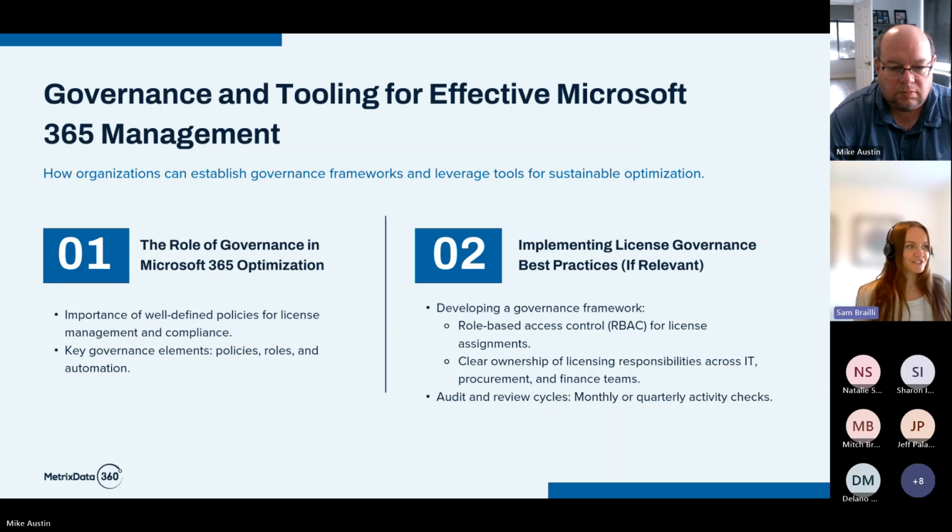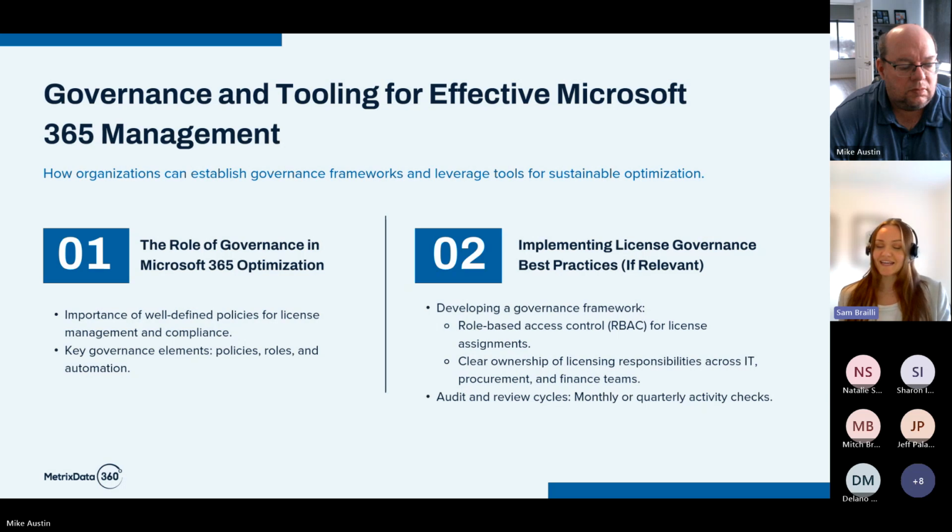We'll start off looking at governance for M365 management. Governance plays a critical role in ensuring licenses are managed efficiently, compliantly and cost effectively. Today we'll be focusing on 3 core areas: strategic policies, defined roles and responsibilities, and also the power of automation.